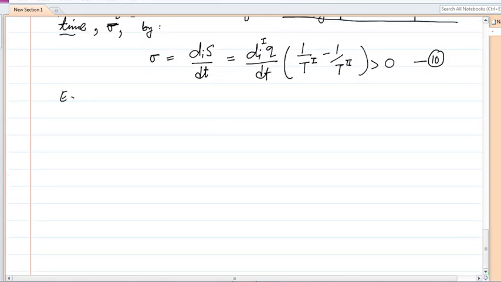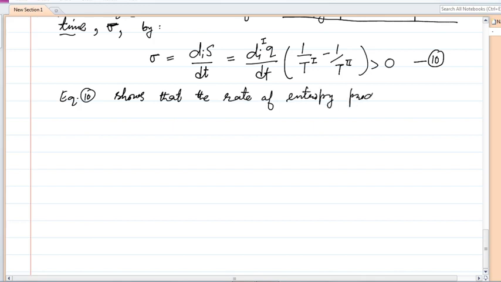This equation 10 shows that, with respect to time, the rate of entropy production, represented by sigma, is basically the product of two terms.